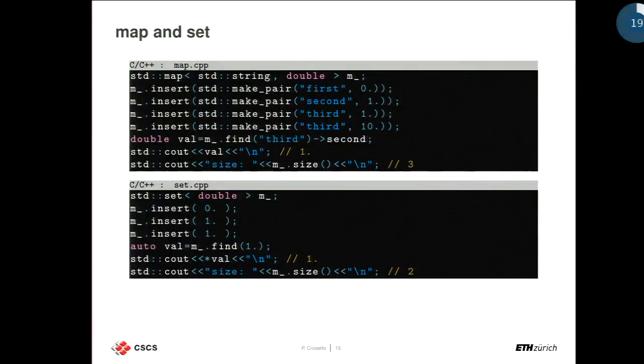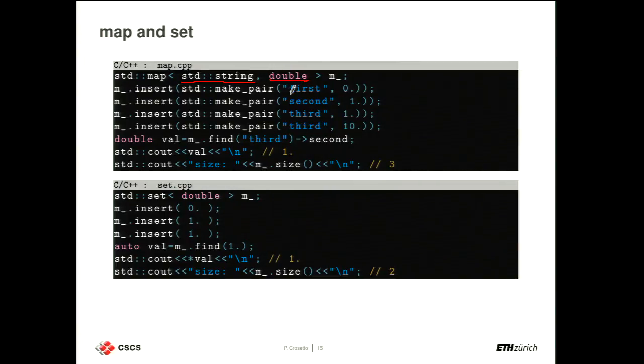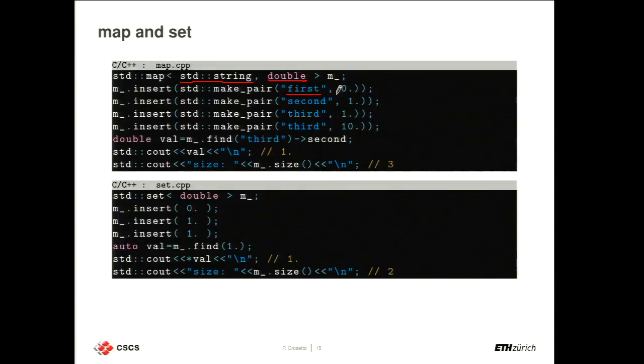So here's an example. You have a map, and this is how the map works. I have a key as first argument, in this case a string, and let's say a double as the value. Then I insert pairs in the map, which are key and value.